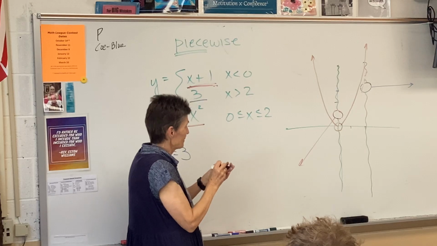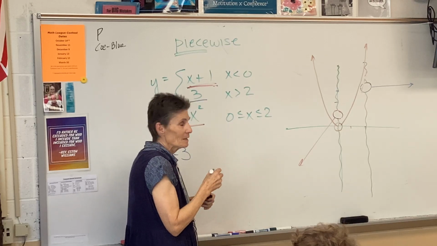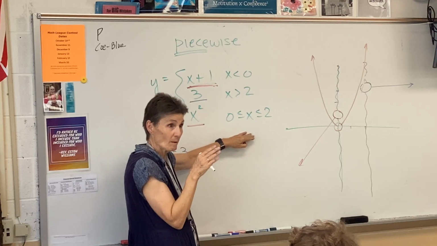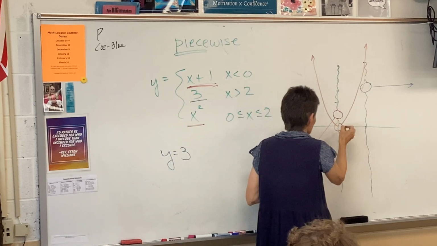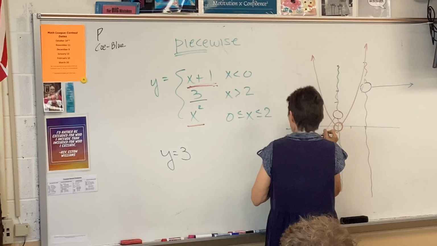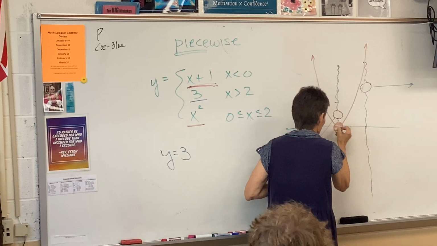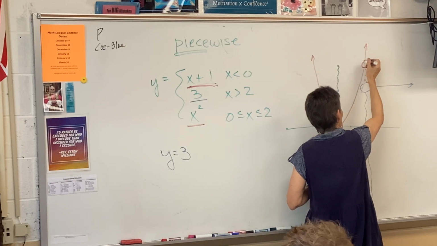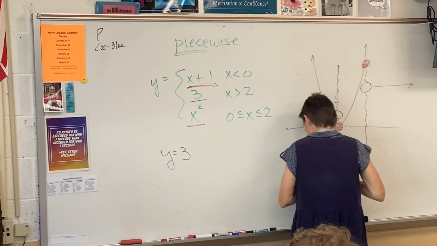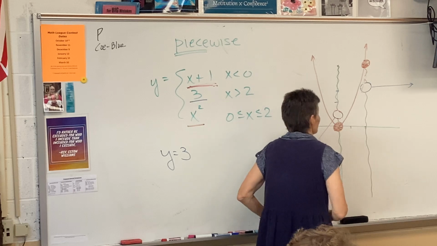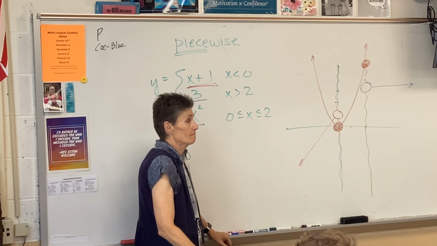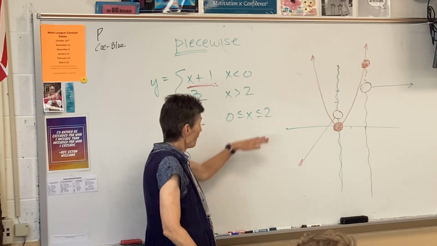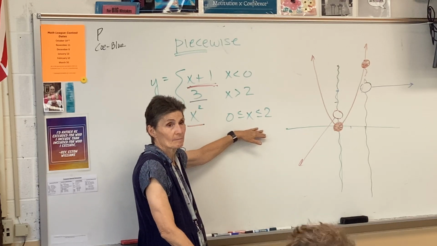Is that better? Now, I care about this time where it hits both of them. So it hits this one right here. And this time, that dot will be closed. And then it hits up here somewhere, and that dot is also closed. Now, what part of the curve do I want to keep?